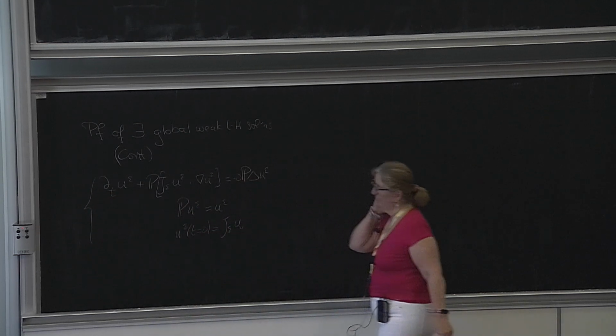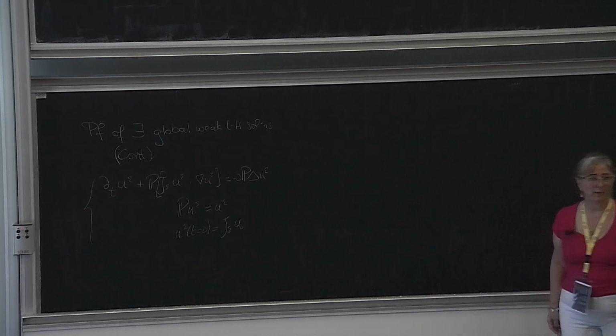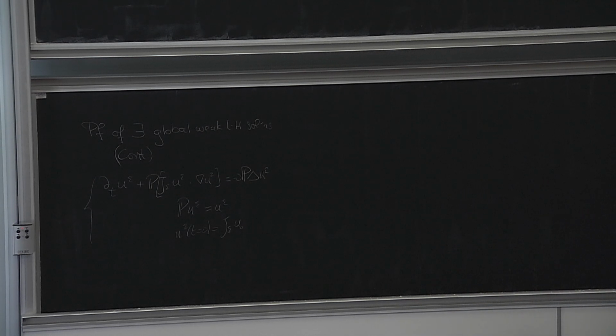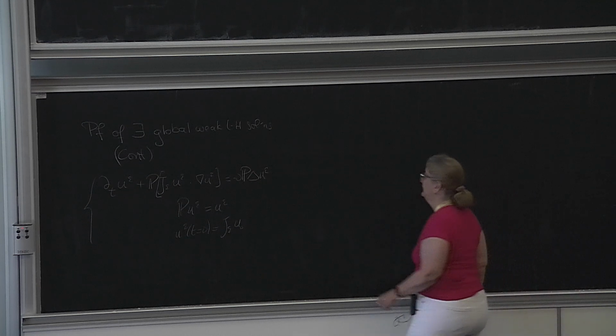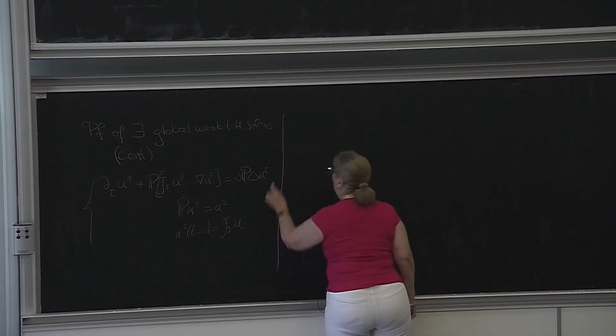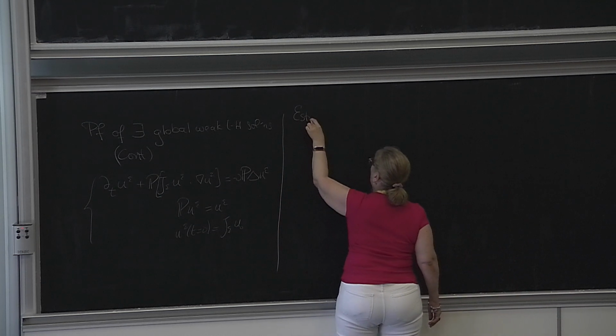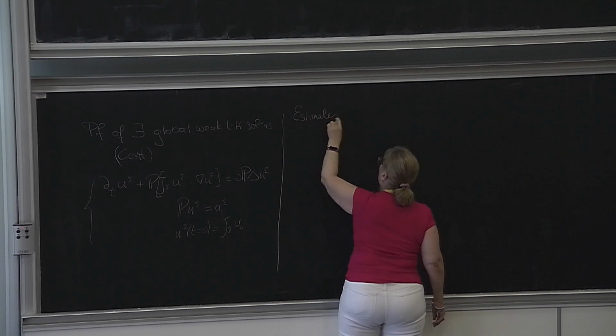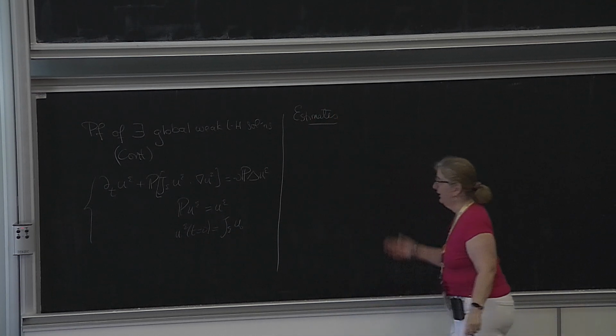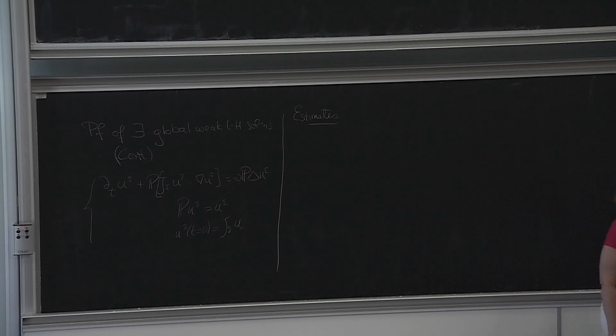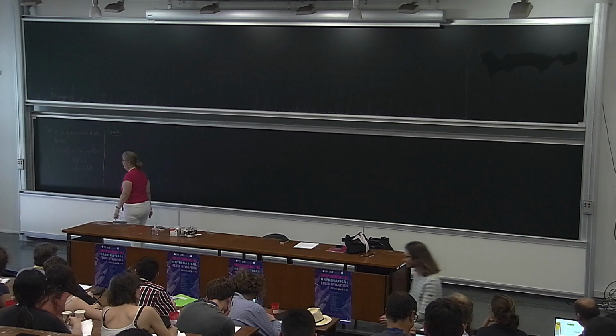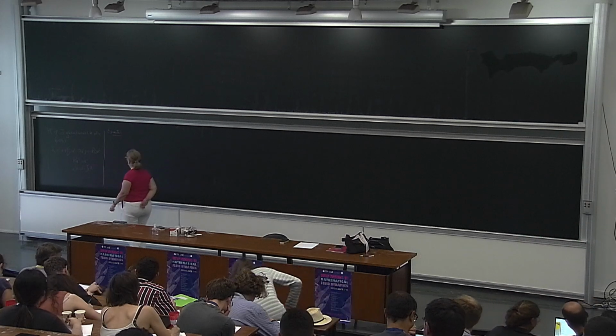So this is our basic PDE, our approximate PDE that we're dealing with, and we showed the following estimates for this PDE. Yesterday we showed that we have a global solution for fixed epsilon, a strong solution, with the following uniform estimates with respect to epsilon.